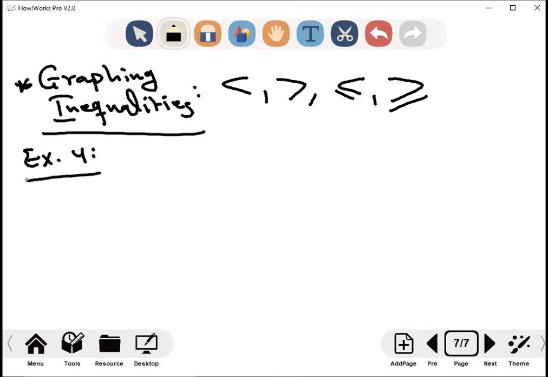Don't do anything, just look at the board. Graph 12 minus 4y more than or equal to something. This is an inequality, not an equation.